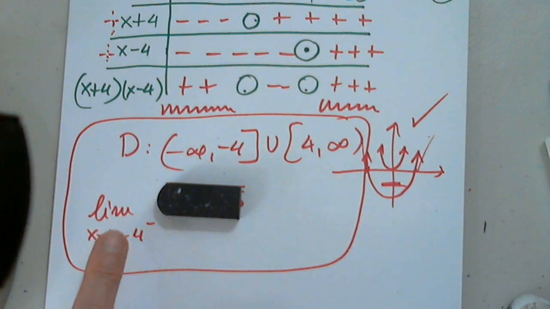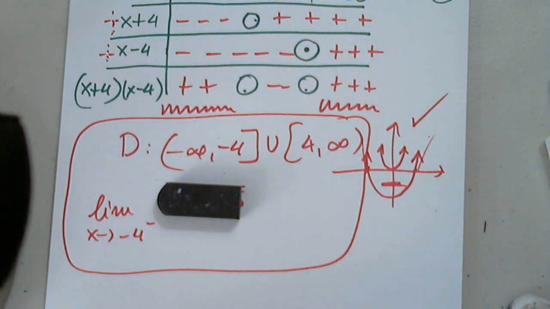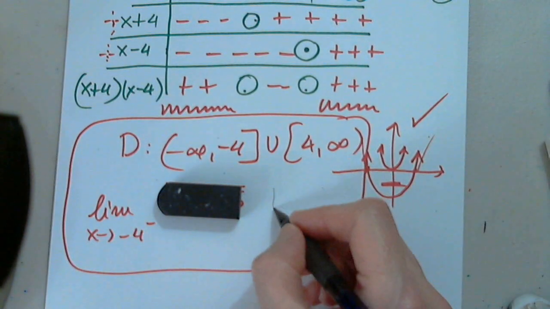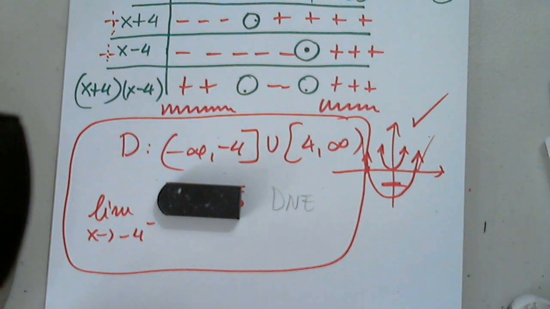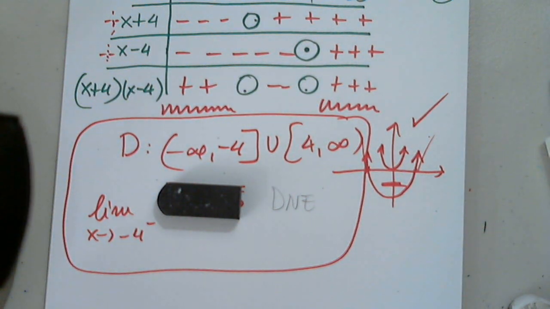Because if -4 from the left is not in the domain, then I will write DNE. If -4 is in the domain, then I will have to write something else.